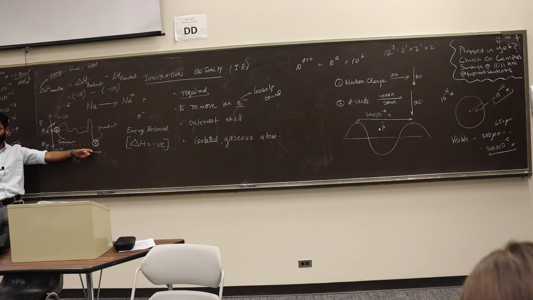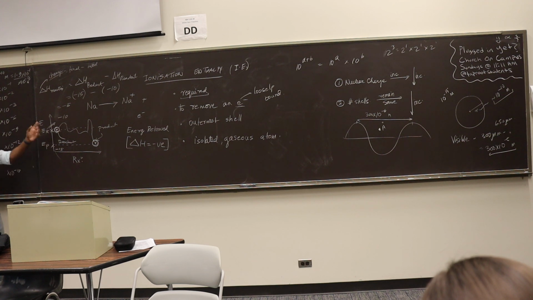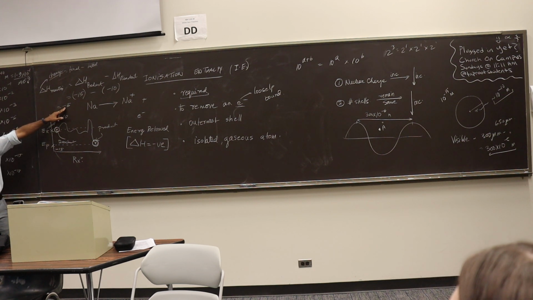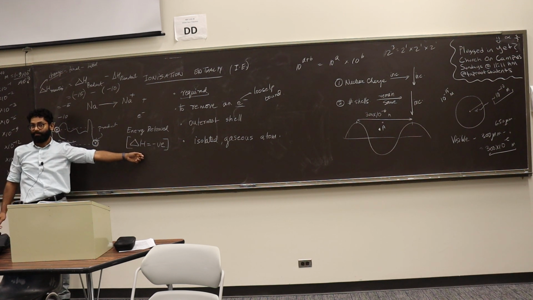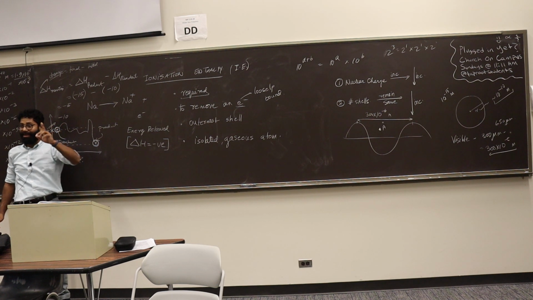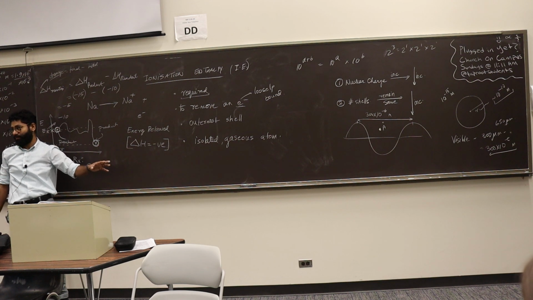Whenever energy has dropped down, that means that energy must have been released. When you're releasing the energy, that's called an exothermic process. And this is why mathematically an exothermic process has a negative delta H. Reverse, an endothermic process will have a positive delta H.